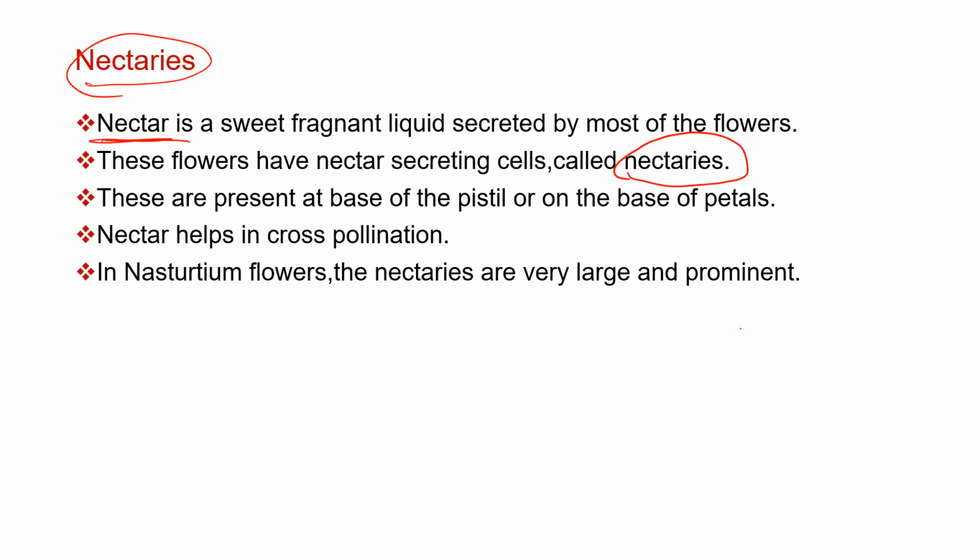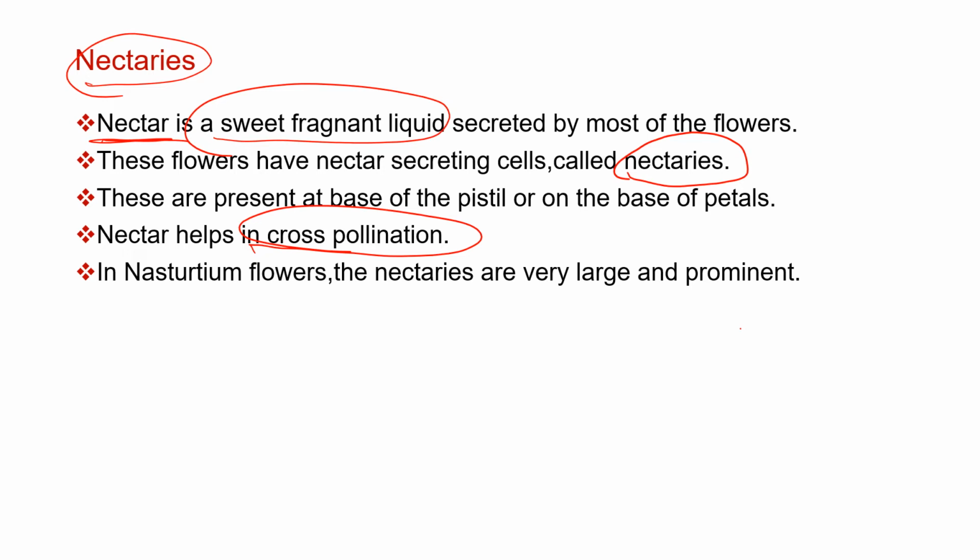Now we see that the honeybees come and sit on the petals to have the nectar, or the sweet fragrant liquid that is actually attracting them for cross pollination. So this pollination also I'll be talking to you about. Pollination, cross pollination, you will be studying here only. So how does this scented fragrant liquid attract?